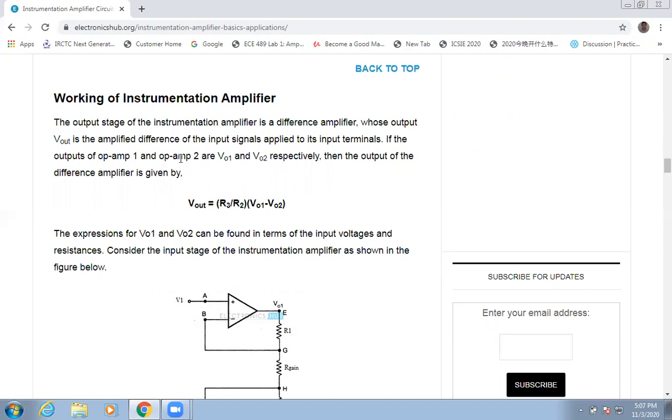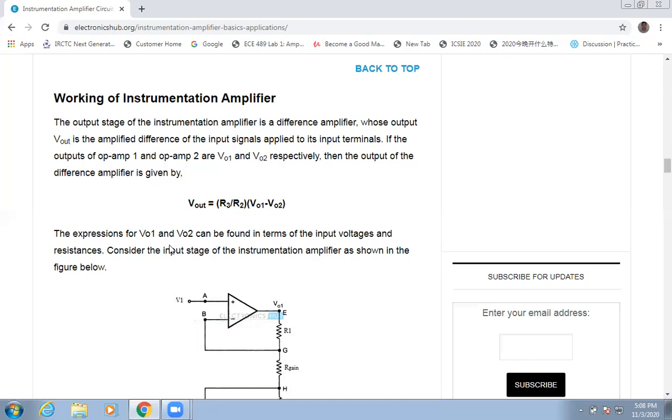If the outputs of op-amp 1 and op-amp 2 are V01 and V02 respectively, then the output of the difference amplifier is given by R3 upon R2 into the difference of the output of op-amp 1 minus the output of op-amp 2.